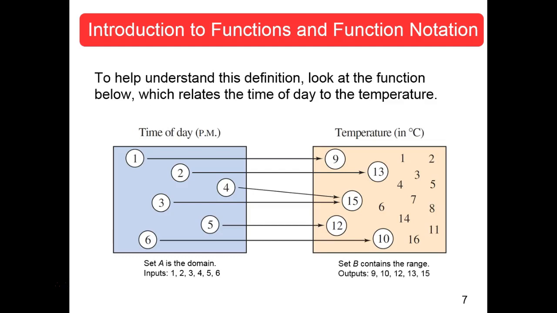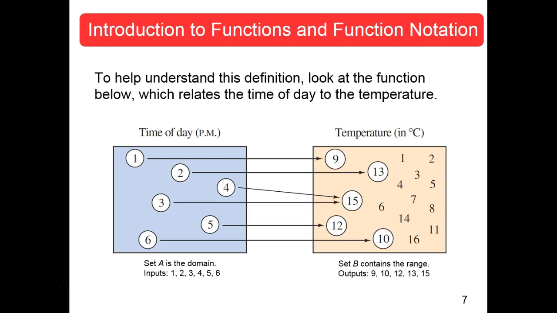Now, here is an example. There's lots of ways to express a function. This is called kind of a mapping, okay? Here is a situation. What we have here is the time of day in the afternoon. 1 o'clock, 2 o'clock, 3 o'clock, 4 o'clock, 5 o'clock, and 6 o'clock.